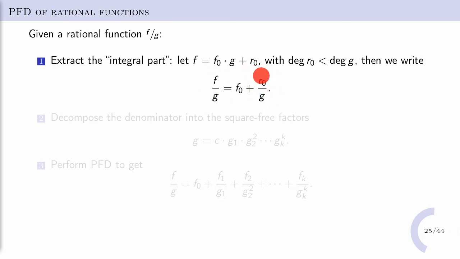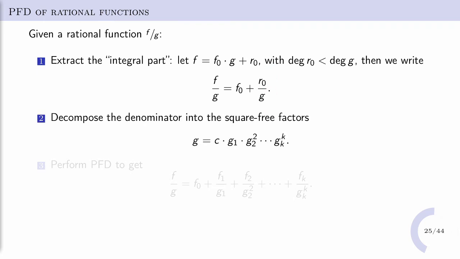And now for this fraction, we decompose the denominator into square-free parts. We find the square-free decomposition, the square-free factorization of g, and for every one of these square-free parts, we apply the procedure that I described on the previous slide.